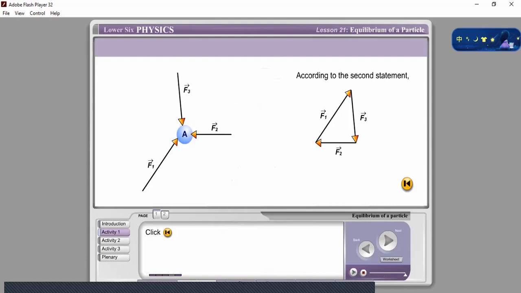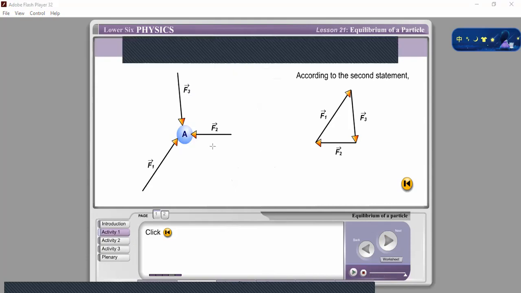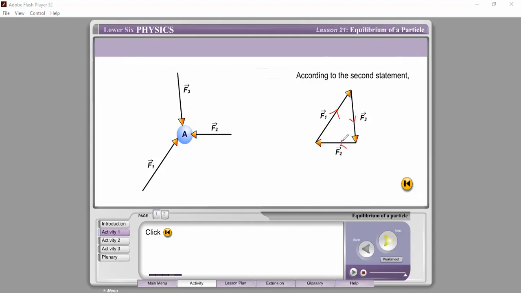No matter how, if the object is in equilibrium, they will have a single direction only. Now we notice that F1, F3, and F2 are in the same direction, forming the closed triangle.